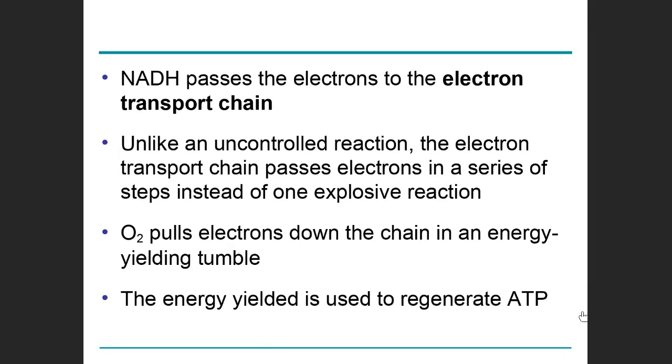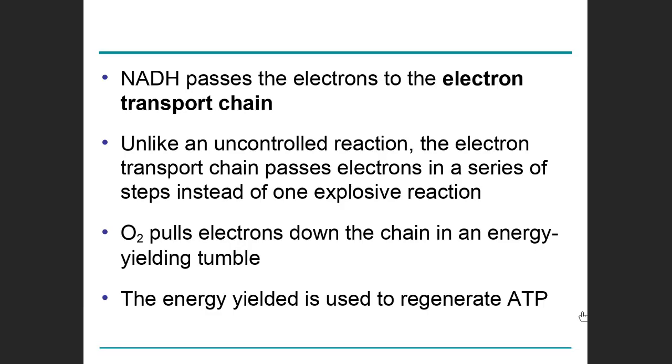So as I mentioned, the electrons are going to be carried to the electron transport chain. And the electron transport chain is a controlled series of reactions which release energy slowly, step by step. So if you think back to electrons in the orbitals and shells of an atom, the outermost electrons had the highest energy.